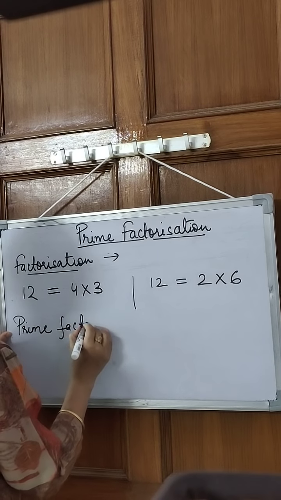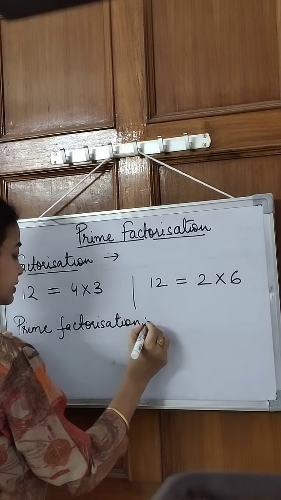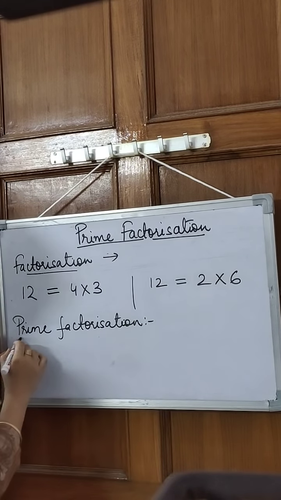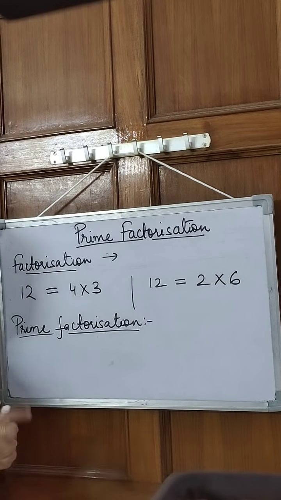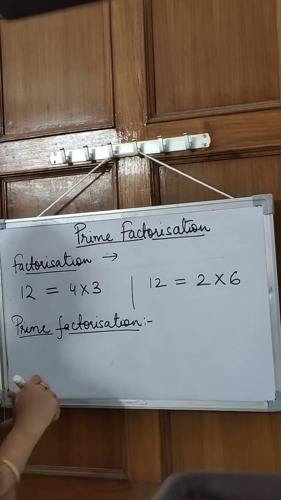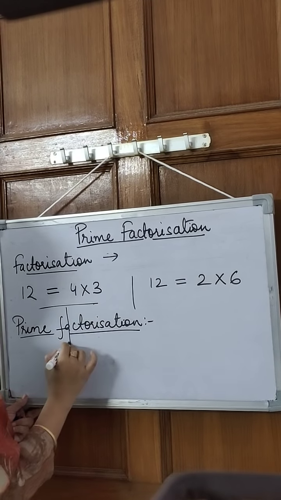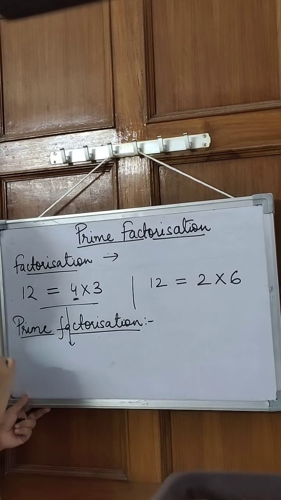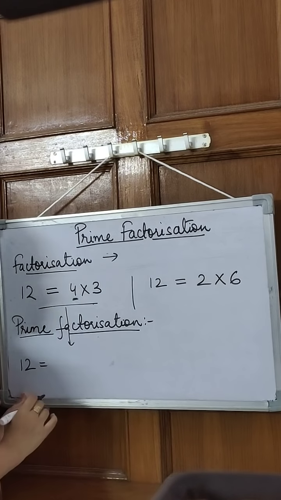So as I said, for factors and prime factors, in prime factors we are taking only prime numbers. So for prime factorization of a number, we will take only the prime numbers. So in this one, in this part only, if I convert this 4, this 4 can be written as 2 into 2. 2 into 2 is 4.